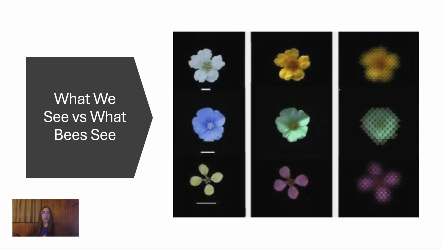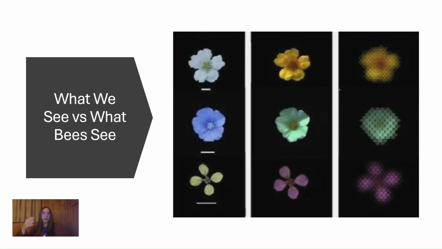This is the flower under normal light. In the middle is how a bee would see the flower, or at least the colors that a bee would see. And in the rightmost rectangle is a more accurate version of what a bee's vision actually looks like. Bees don't have eyes like you and I do.